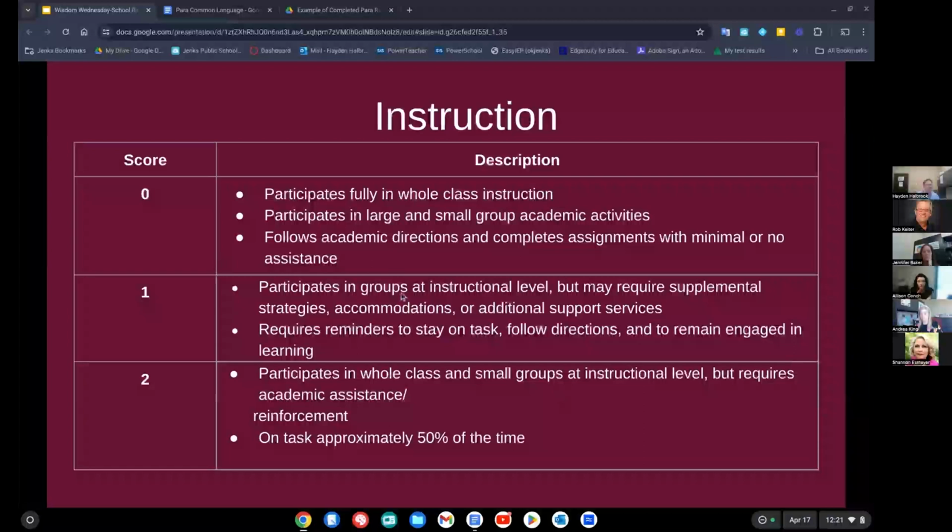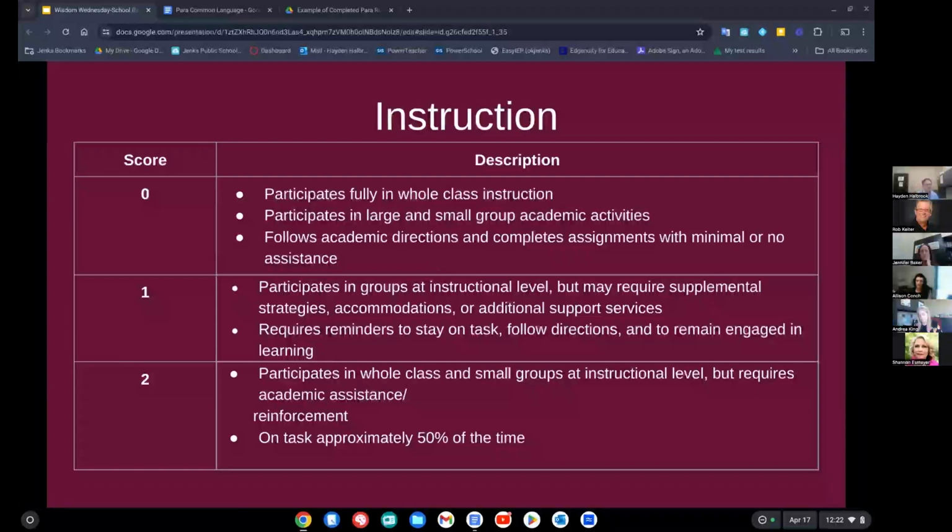That's actually a great point, because I have been in meetings where teams have gotten a little bit confused on this first one, thinking that it's general education. It is based off of their appropriate LRE, because the purpose of this rubric is determining, do they need that additional adult? Correct, looking at where they are in the day and their placement.